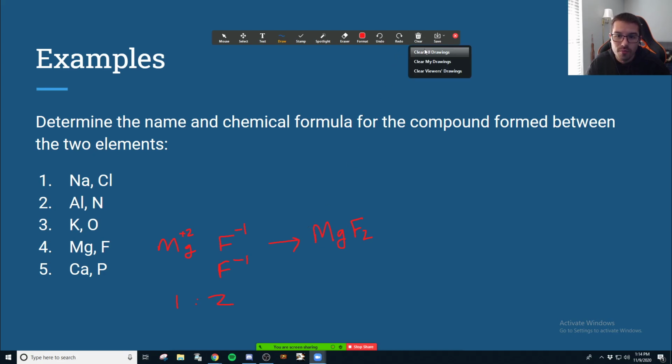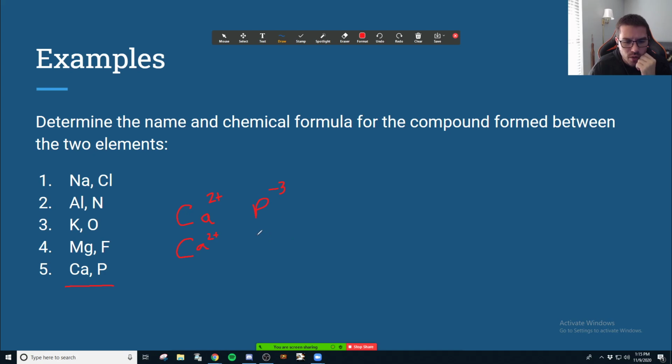Last example. This is as complicated as it gets right here. We have calcium and phosphorus. Calcium has a +2 charge, and phosphorus has a -3 charge. Ooh, this is a tricky one. Because right now the negatives are winning. Phosphorus has got that big -3 charge, and calcium is only +2. If I add another calcium, this doesn't work because now I've got +4 total compared to -3.